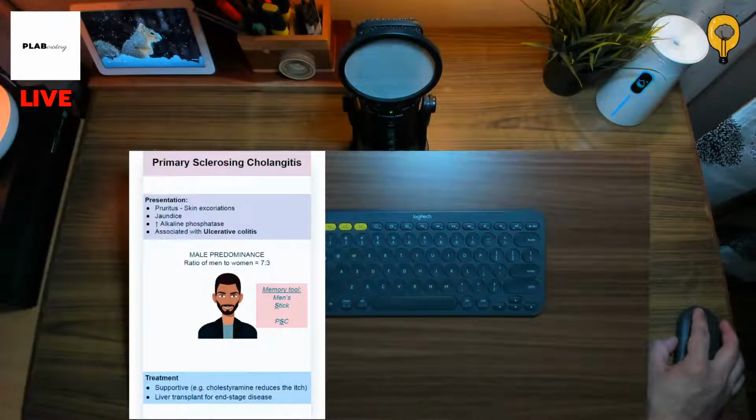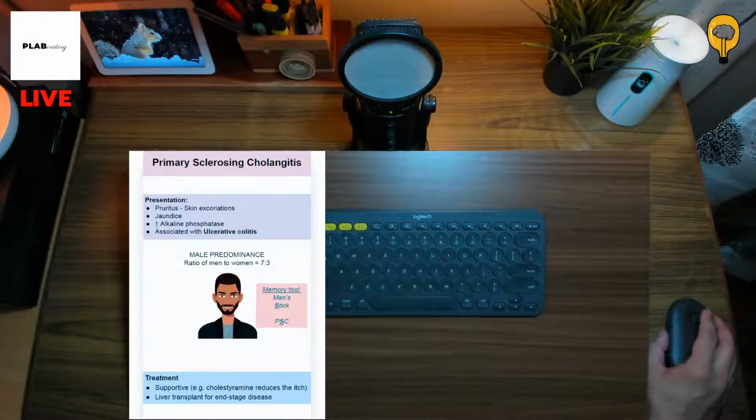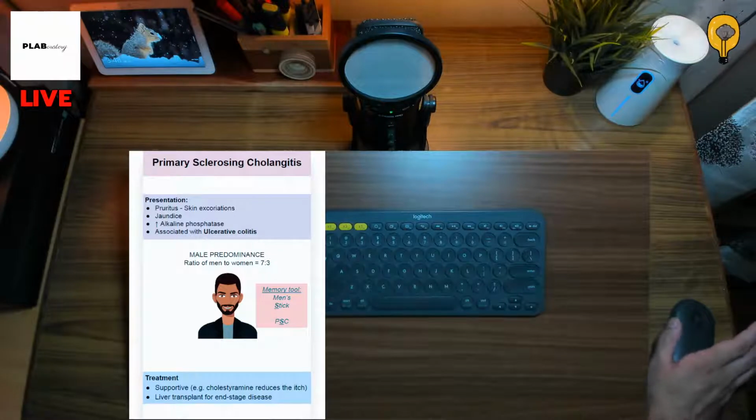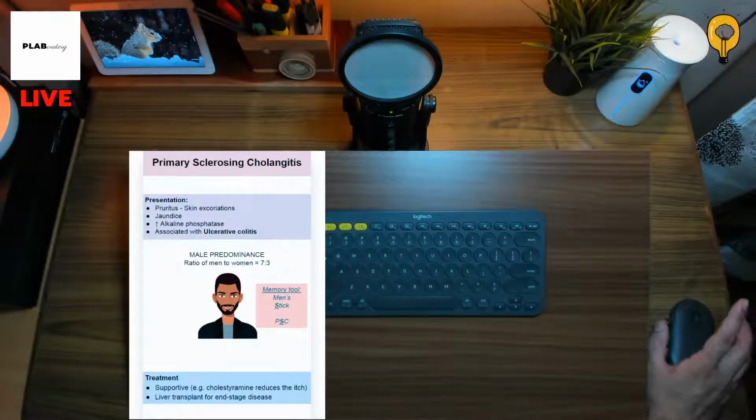Let's now compare both primary biliary cirrhosis and primary sclerosing cholangitis. Primary biliary cirrhosis is autoimmune, idiopathic. This is also autoimmune and idiopathic. PBC has female predominance, PSC has male predominance.